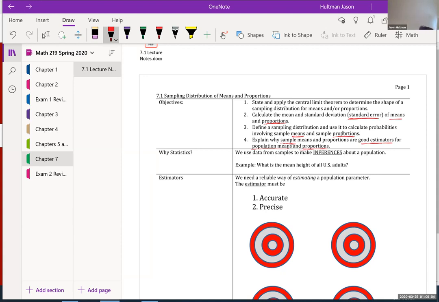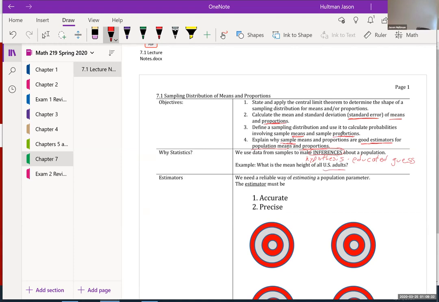Why statistics? We use data from samples to make inferences, or good guesses, about a population. It's kind of like a hypothesis, which is an educated guess. For example, what is the mean height of all US adults?